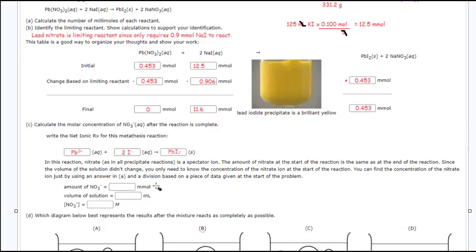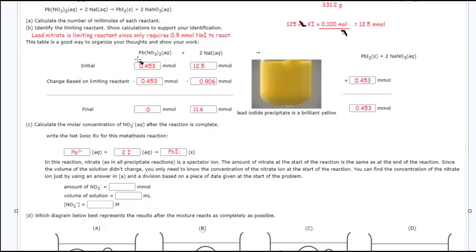The question is right here: calculate the molar concentration of the nitrate ions after the reaction is complete. The nitrate didn't do anything. It's here before and it's here after.